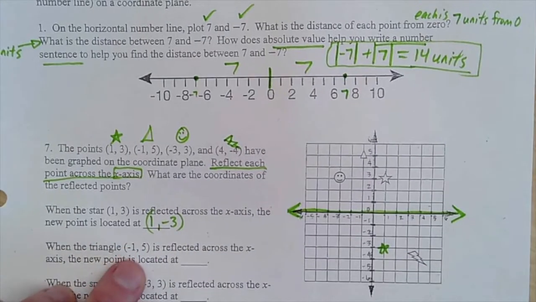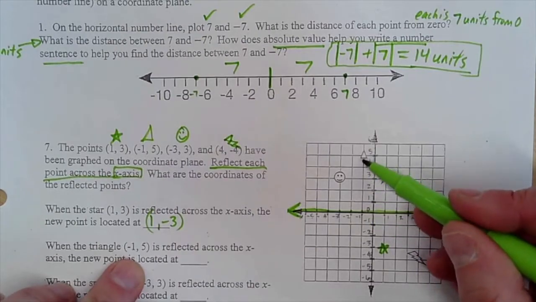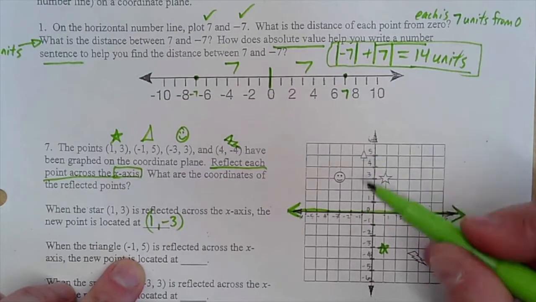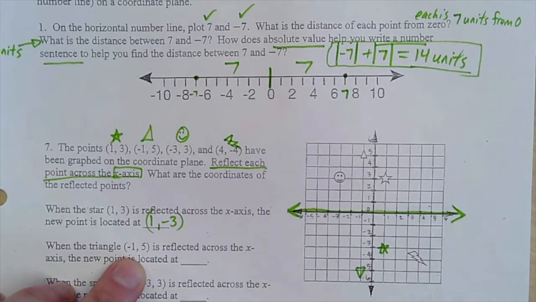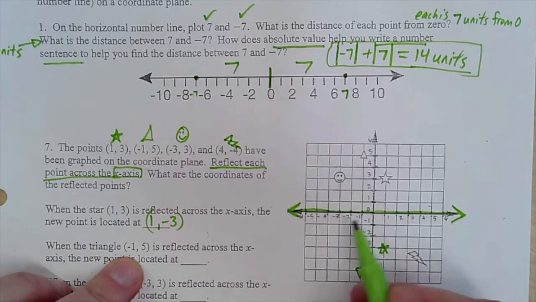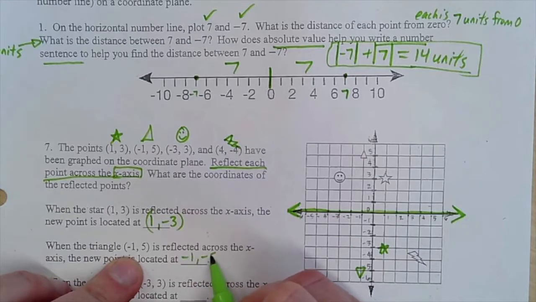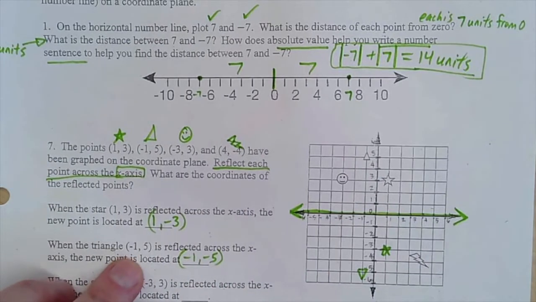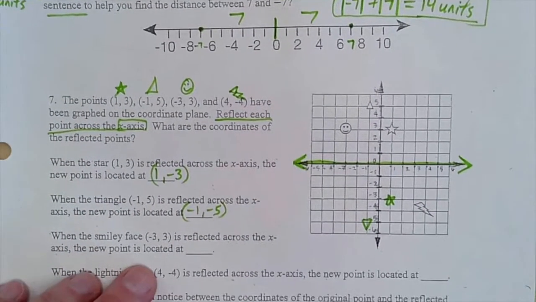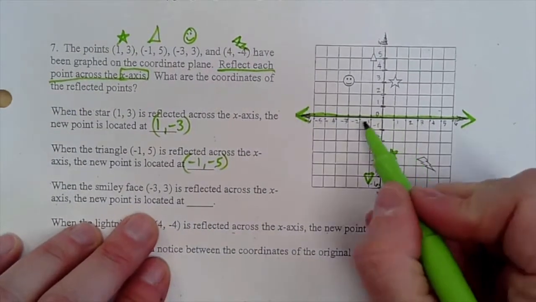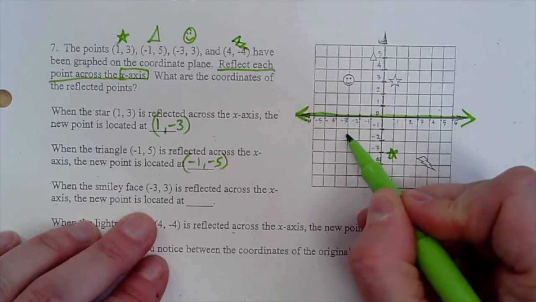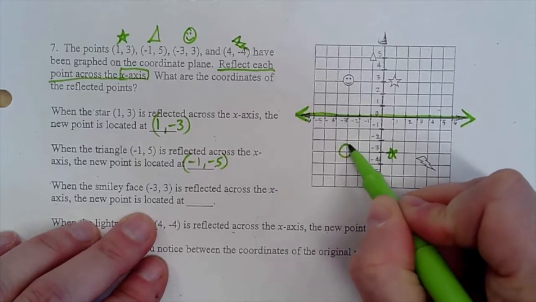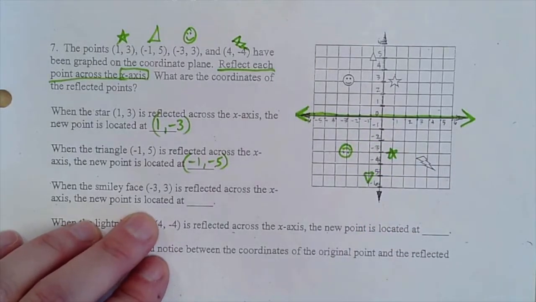The triangle, which was at (-1, 5), in other words, it's 5 above, it's now going to be 5 below, and it's actually going to be pointing down when it reflects. So that is (-1, -5) for its new coordinates. The smiley face, (-3, 3), is 3 above right now, it's going to be 3 below. And the smiley face would actually be upside down when it reflects.